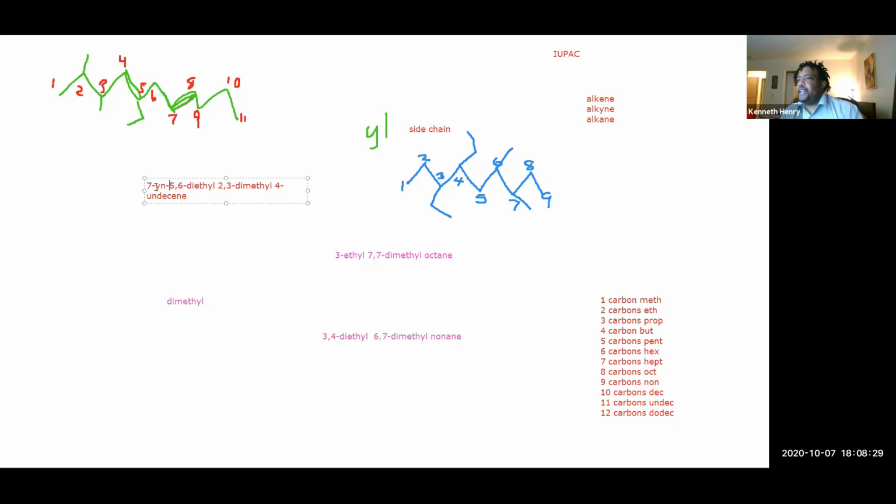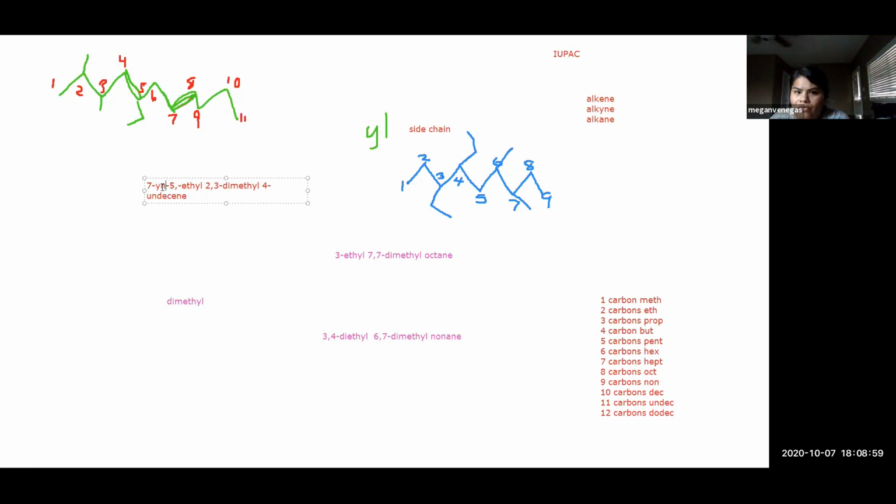This tells me that I have an alkyne at the 7th spot. And I no longer have a di.